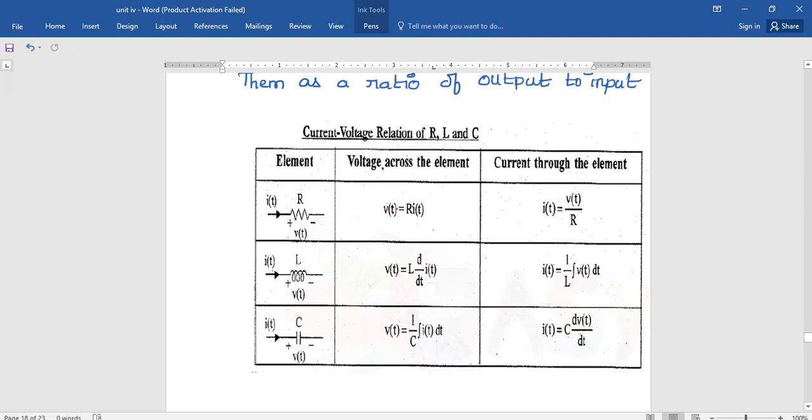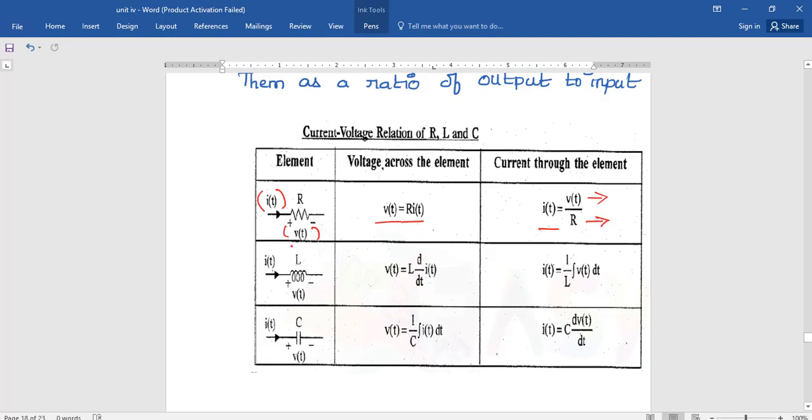In a resistor, the voltage drop across the resistor is defined by R, the value of the resistor, into the current flowing through the resistor. Otherwise, the current flowing in the resistor, i of t, is determined by the voltage drop across the resistor and the value of the resistor.